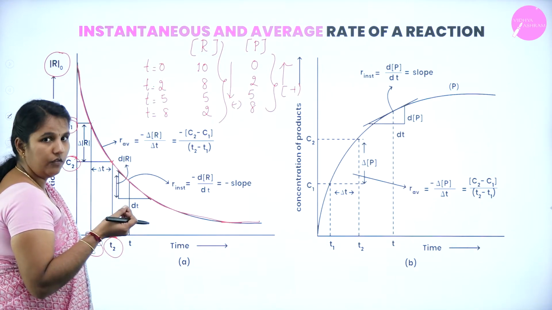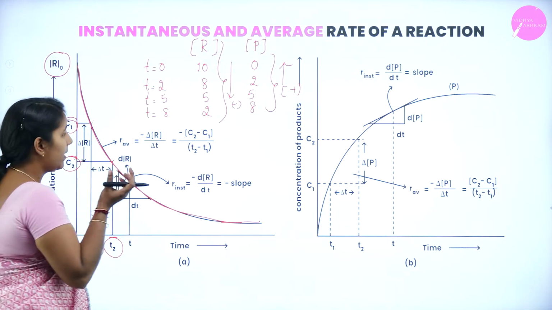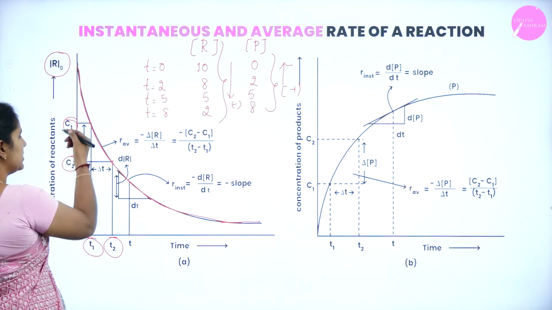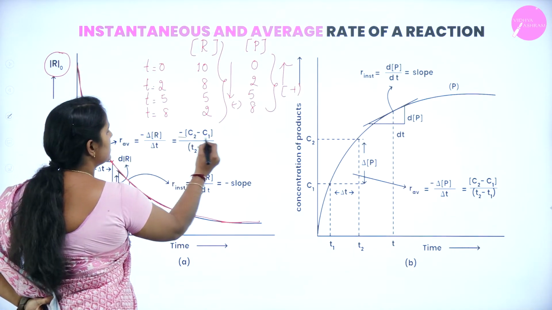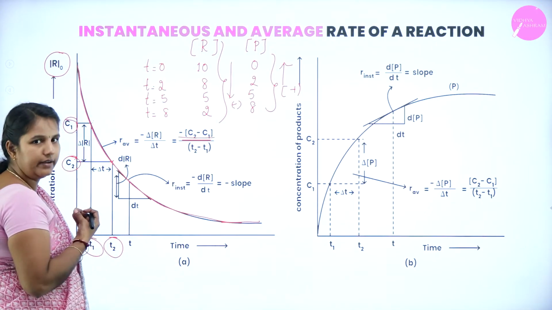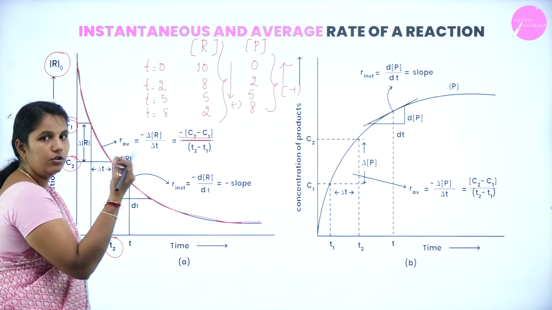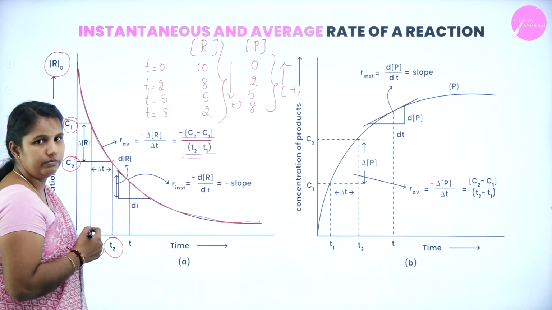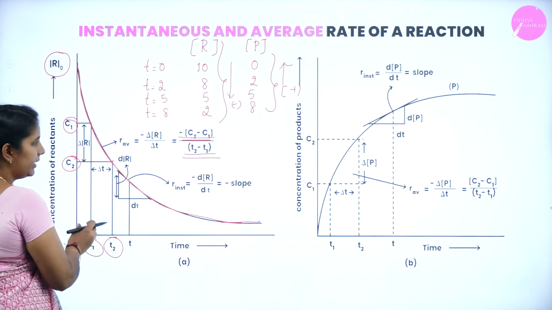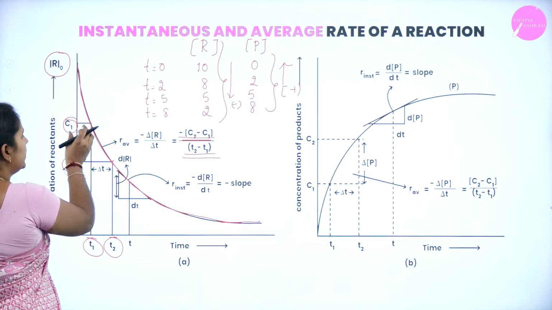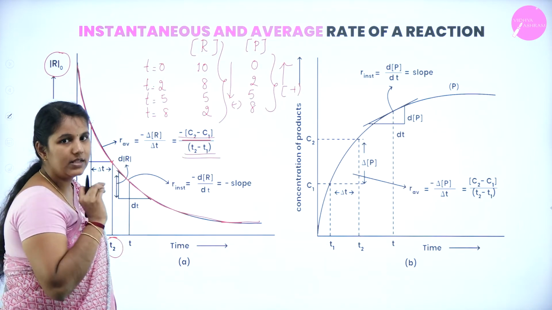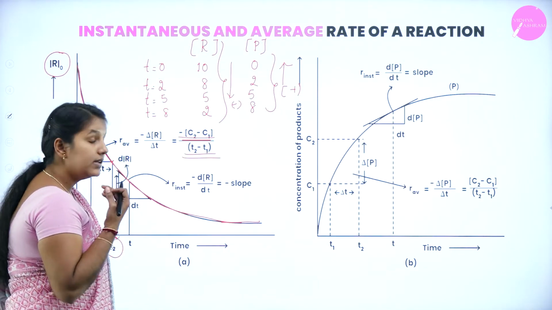So this is how we can easily determine the average rate of the reaction by considering C2 minus C1. C2 minus C1 is nothing but the change in concentration of the reactant from T1 to T2. The time at which the concentration of the reactant gets altered is indicated by C2 minus C1.